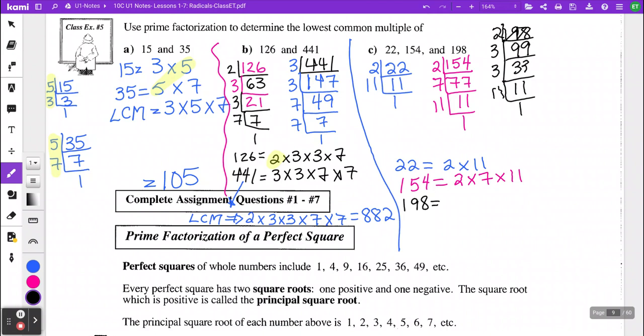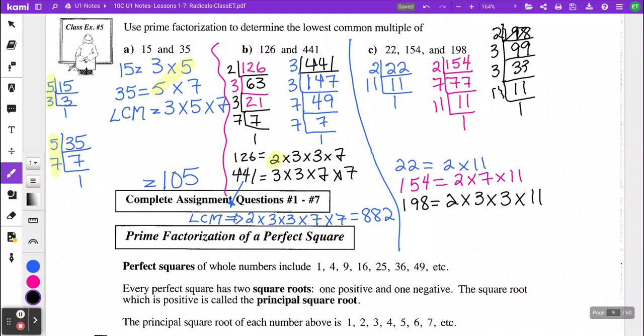So we get 2 times 3 times 3. Boy, this takes forever to draw on here so it doesn't glitch.